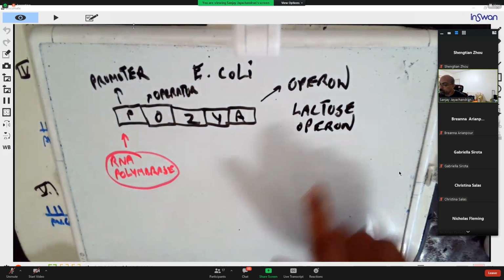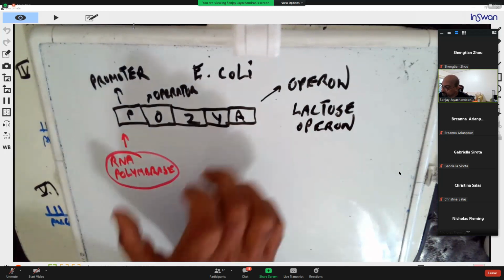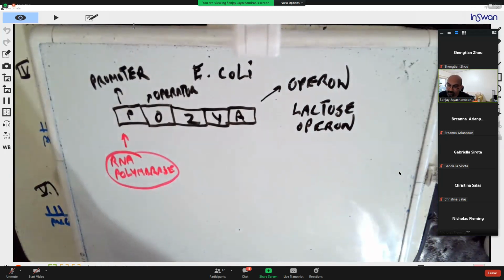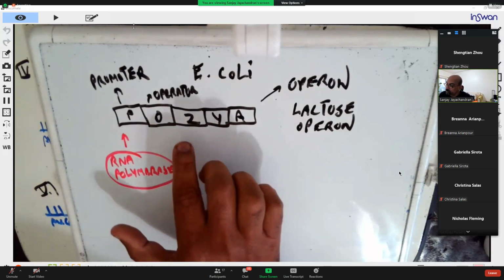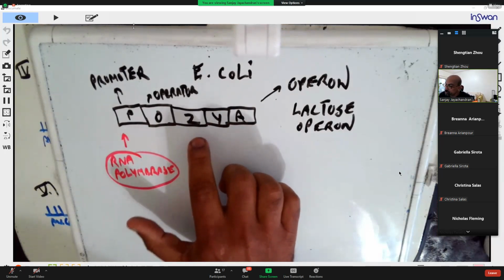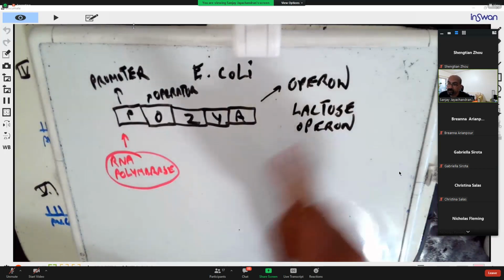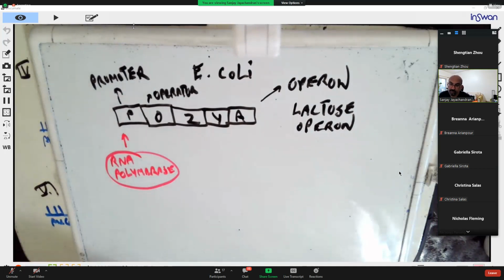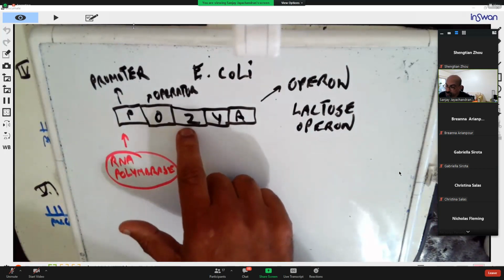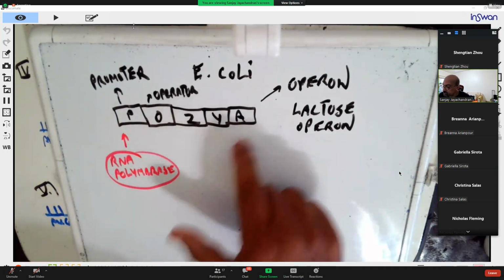And so the lactose operon is made for breaking down lactose. Remember, lactose is a sugar, a disaccharide. So the genes here code for proteins that break down lactose as an energy source for the bacteria, specifically the Z gene, the Y gene, and the A gene.